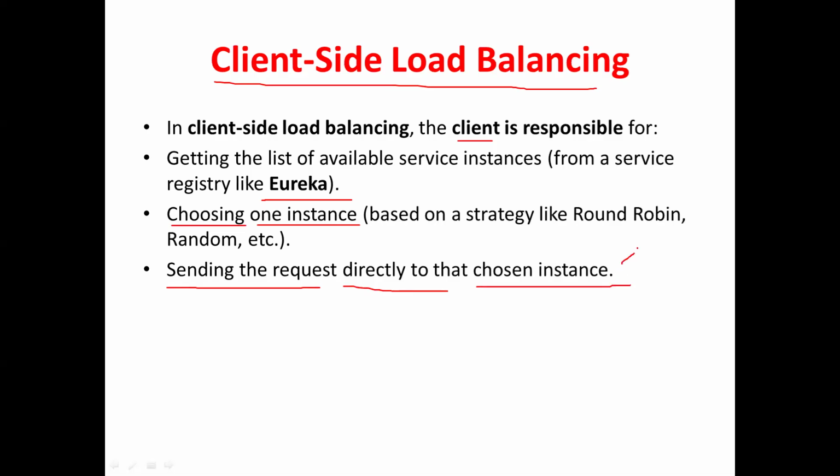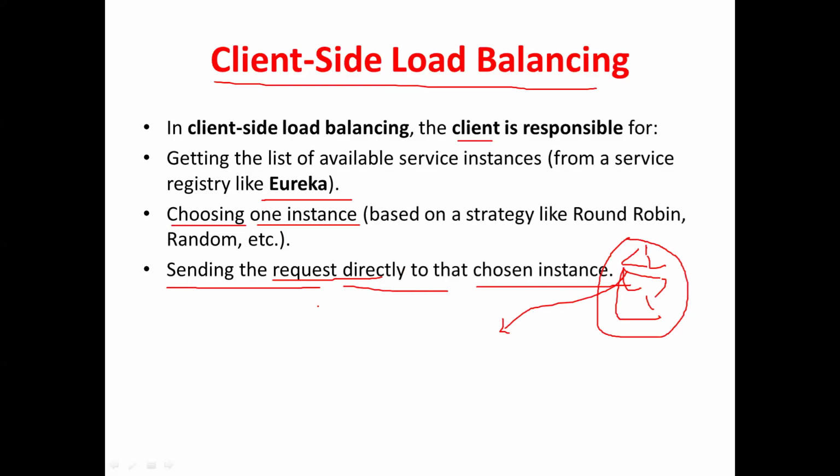Say you run five instances, one, two, three, four, five. Whenever you fetch, it will fetch one instance and you can send your request directly to it. That is how client side load balancing works.